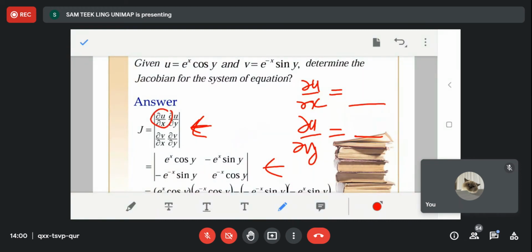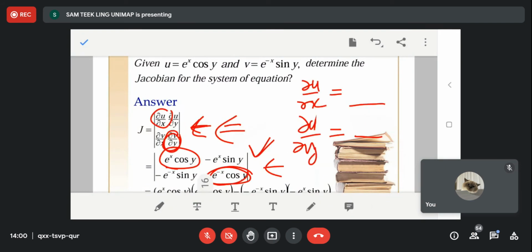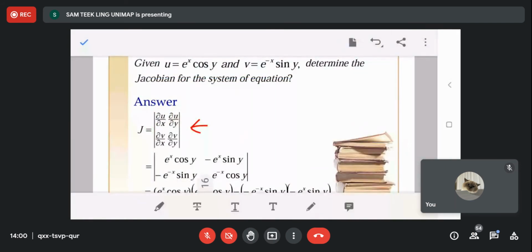Because I know del u del x is the first one, and del v del y is the last one. So this cannot be skipped. If you skip and give me the answer directly, I don't know which one you differentiate with respect to which. So the first step you cannot skip. Make sure the steps are not skipped.